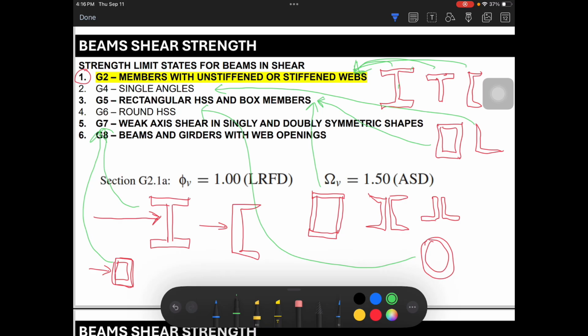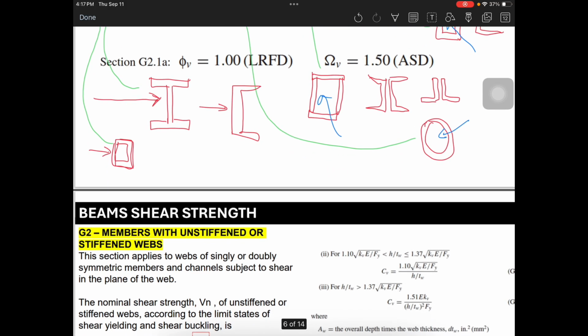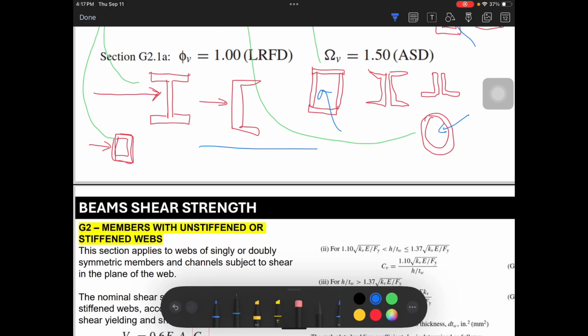So, sa G8 naman, beams and girders with web openings. Hindi yan yung opening na like this one. Opening siya doon, opening ito, opening ito. Hindi yan yung web opening. Ibig sabihin, web opening, yung mga beam na binutas. Kunwari, ito yung double shape mo. Tapos, ito yung column mo. So, kukonect yan doon.